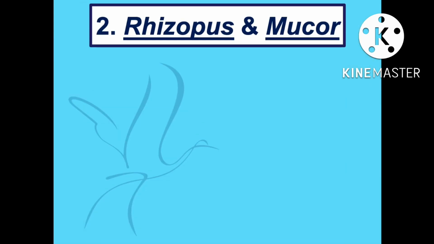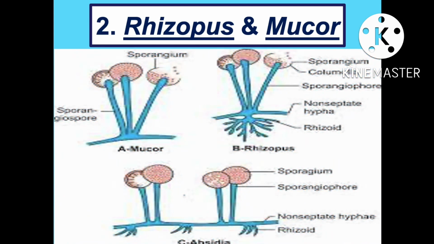Now, the second example is Rhizopus and Mucor. These are the two primitive genera of the Mucorales which bear large multispored columellate sporangia borne singly on unbranched sporangiophores. Most of these species are saprophytes except a few which cause disease in plants and animals, including human beings.